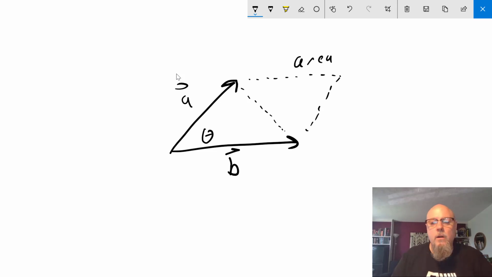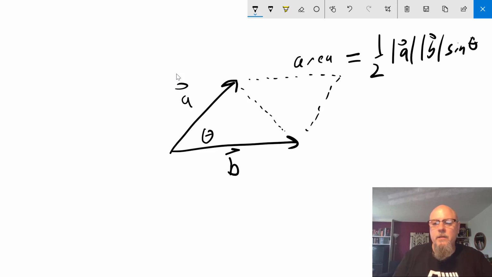So that's going to be a half. The area of that parallelogram is magnitude of A, magnitude of B, sine of the angle between them. So I could use this cross product formula to find the areas of triangles defined by two vectors, I guess.